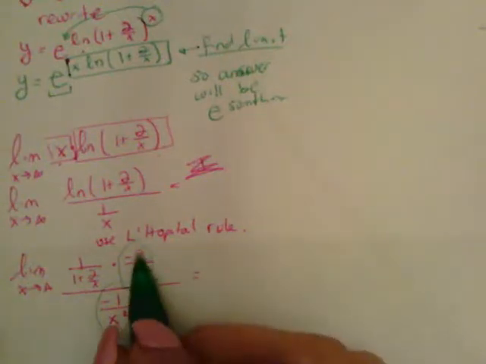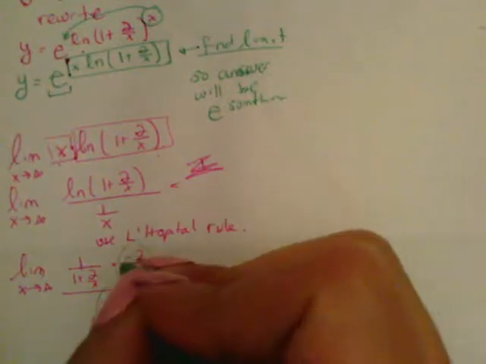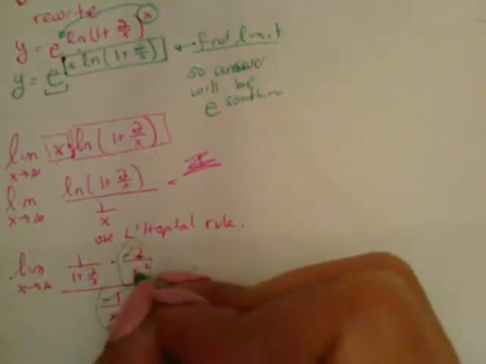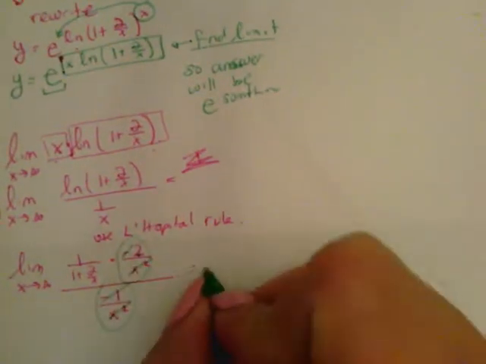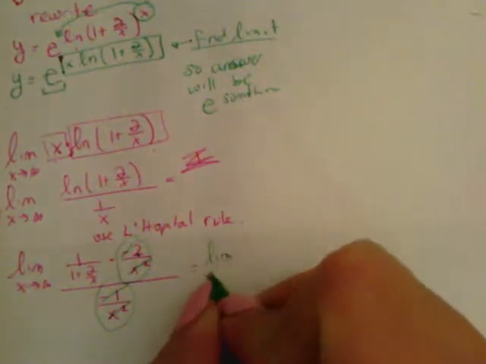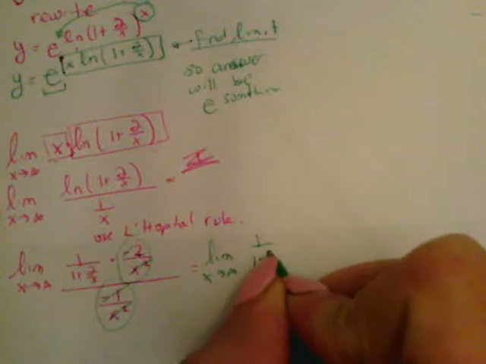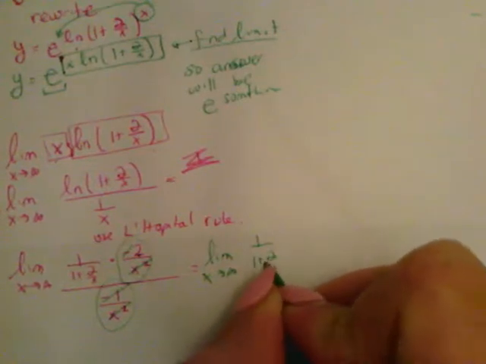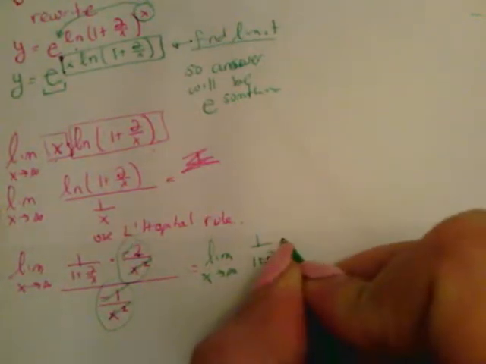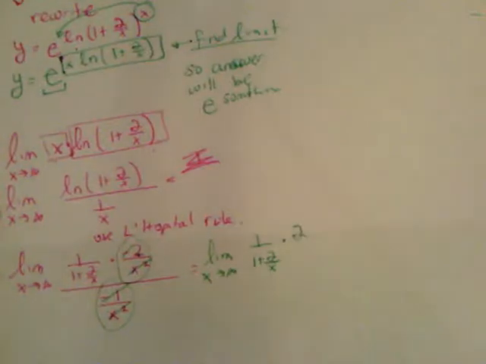Except for the 2. The negative 1 cancels out, the x squareds cancel out, so we're left with the limit as x approaches infinity of 1 over (1 + 2/x) times 2.